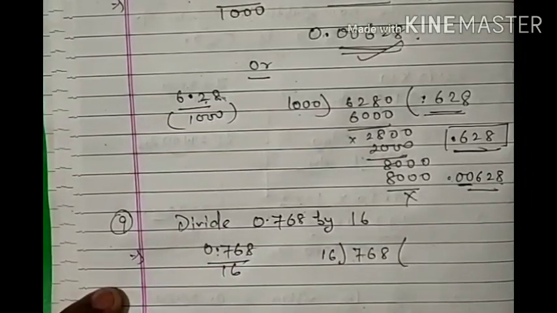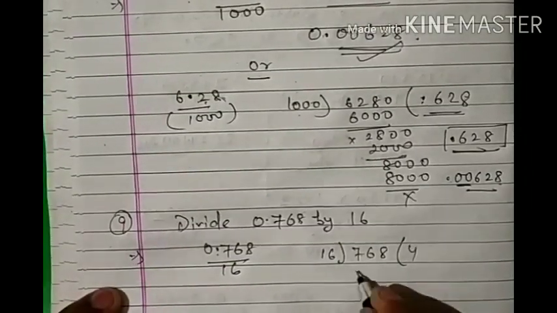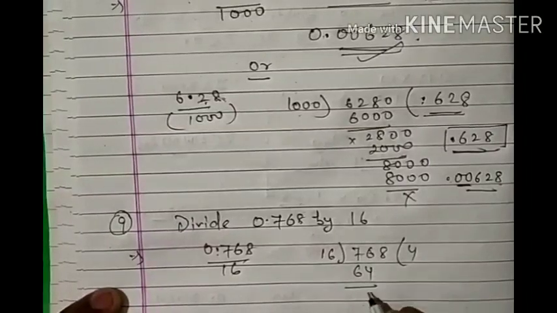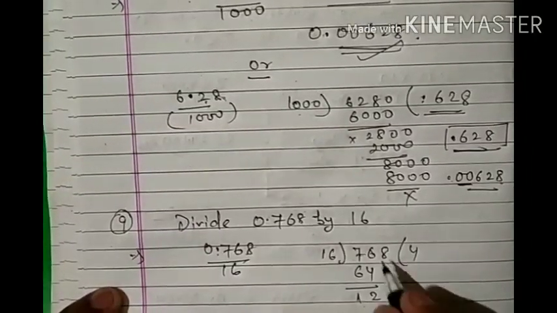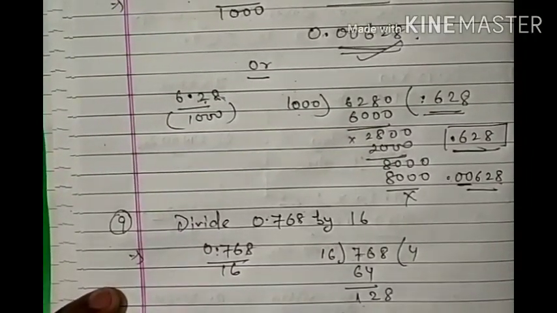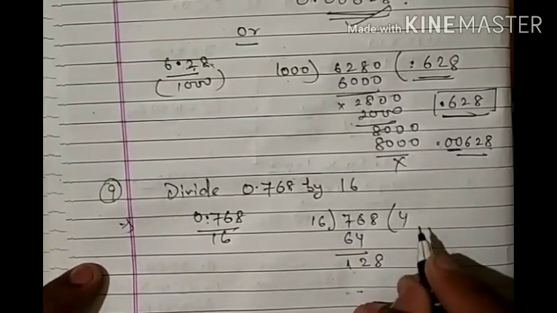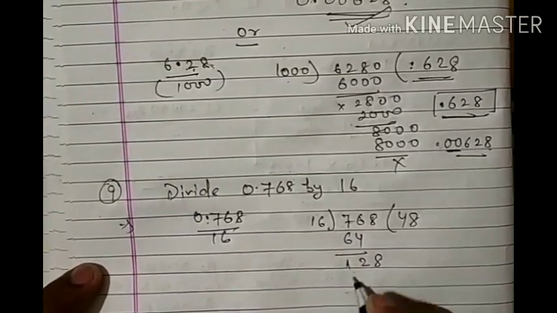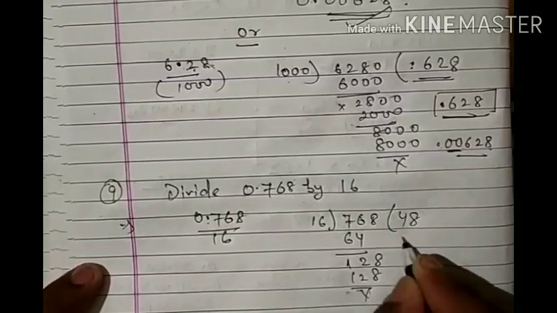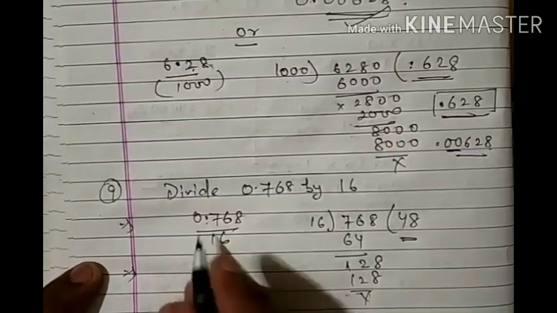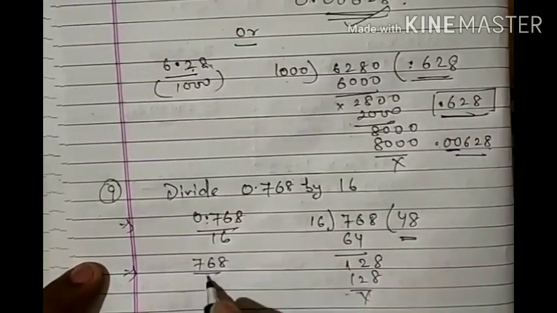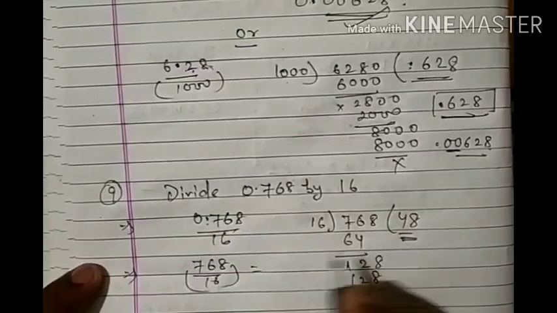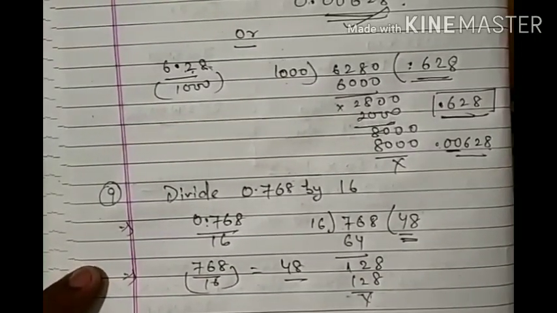16 4s are 64. 6 minus 4 is 2, 7 minus 6 is 1, and again 8 will come down. 16 8s are 128. So what do we get? 48. When we divided 768 by 16, what did we get? We got 48. But where do we have to put the decimal?